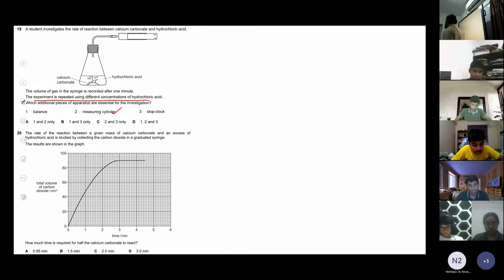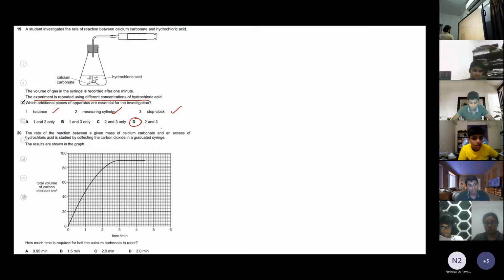There is a balance here. If you repeat, you have to use the same amount of calcium carbonate, otherwise it's not a correct experiment. The experiment is repeated using a different concentration of hydrochloric acid, with the same amount of calcium carbonate.